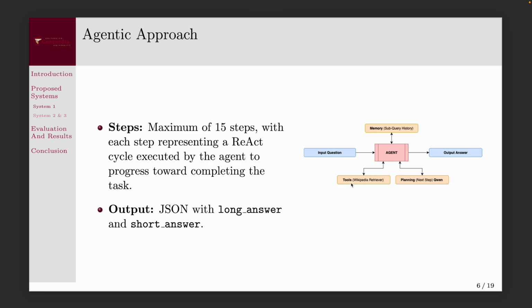So it will try to formulate the first keyword-specific subquery in the action cycle, and in the observation cycle it will extract the subquery. This constitutes a step, and it goes on to the next step where the retrieval happens, and further subquery formulation and so on, and to the final answer step. The final answer step is basically a JSON with a long and short answer. So that is all about system 1.